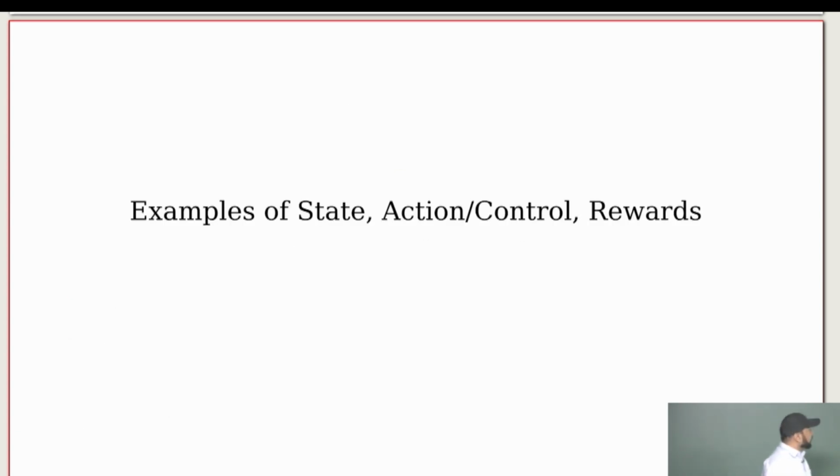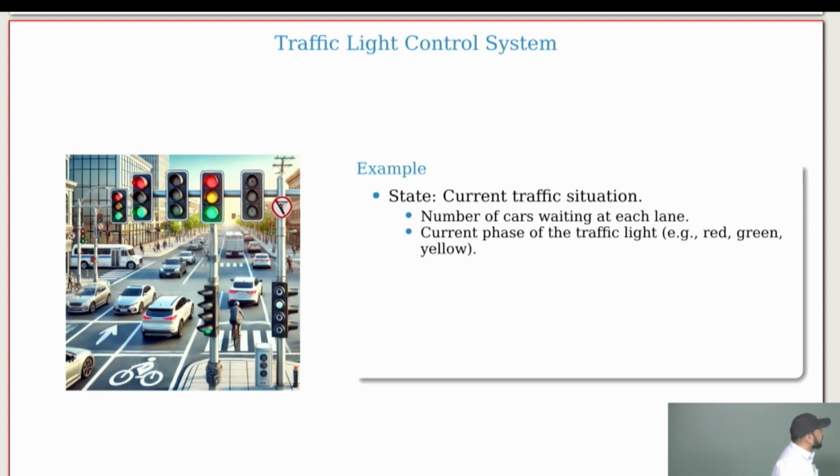And it's good to always keep in mind the quite a few problems that we have in mind. Traffic light control system could be one example. What could be the state here? The state could be the current traffic situation. You are building a control system, meaning when these lights should turn green or red, and it should be dynamic, not fixed.